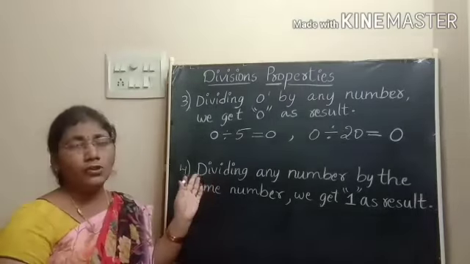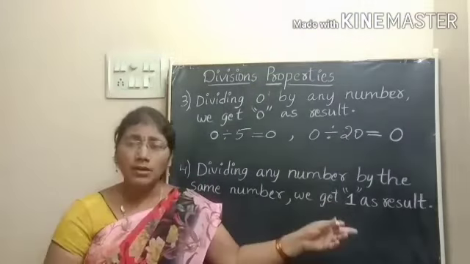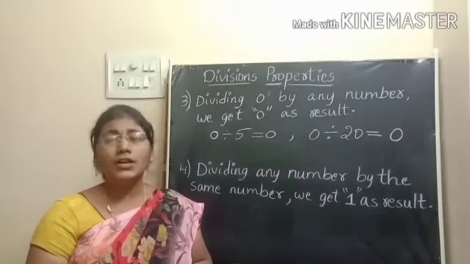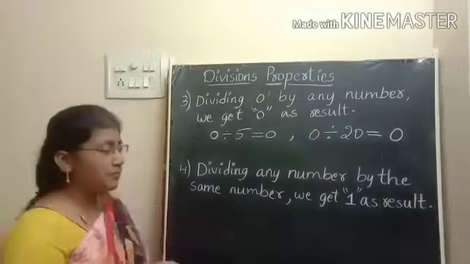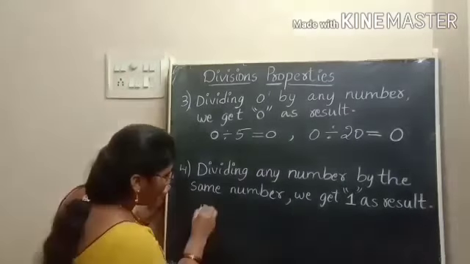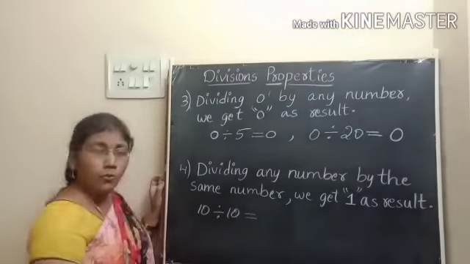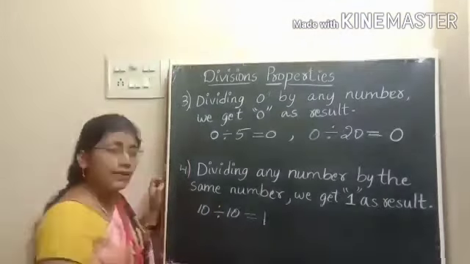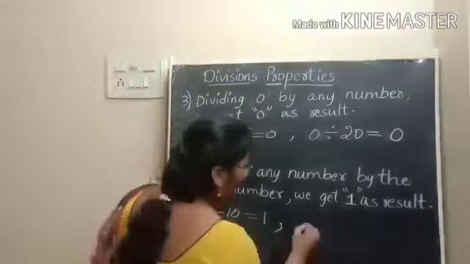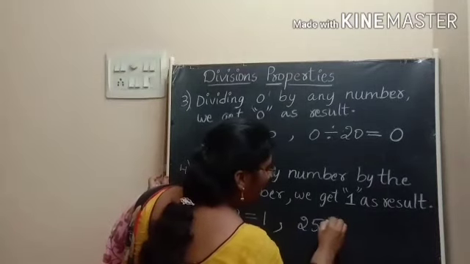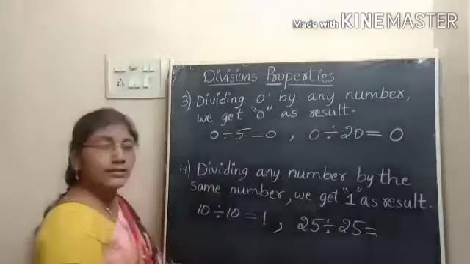Let us see the fourth property. Dividing any number by the same number, we get 1 as result. Let us see that. 10 divided by 10 is equal to 1 only. And 25 divided by 25 also gives us 1 only.